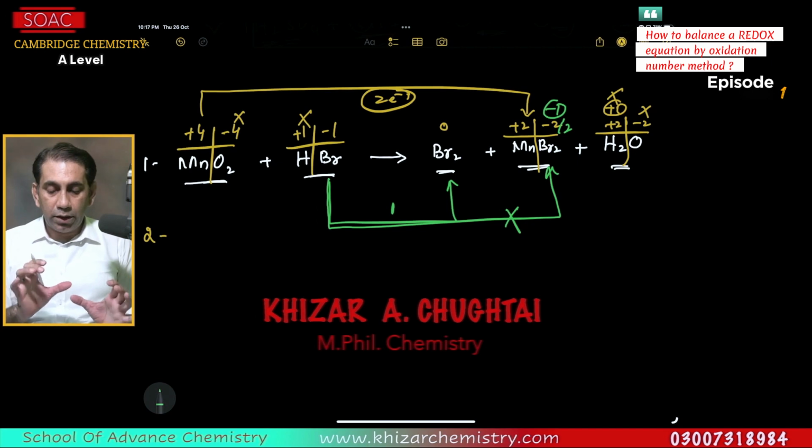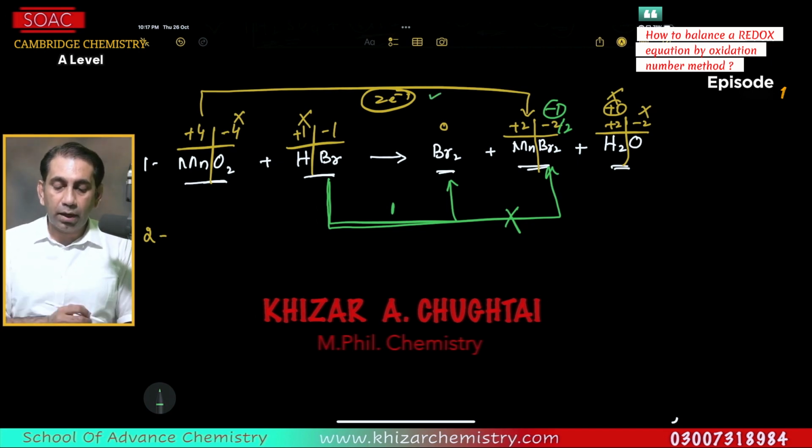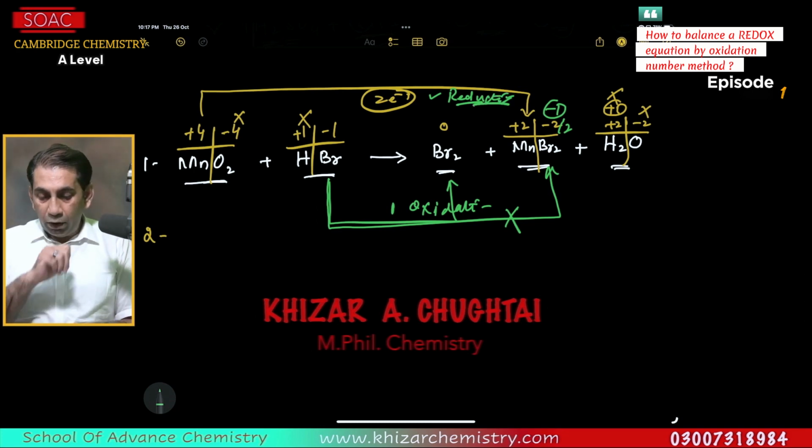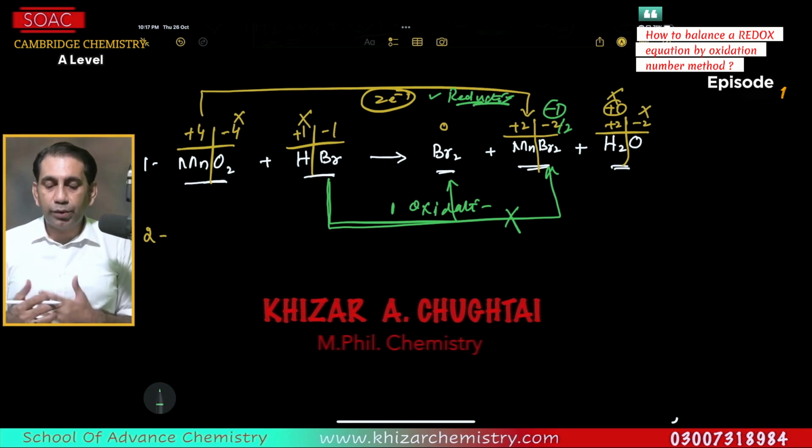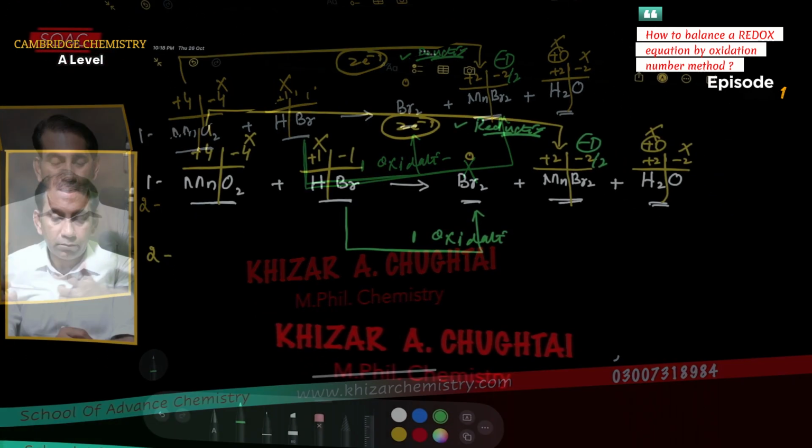So only 2 changes are over here. This is called reduction, and this is called oxidation. Now the last step is to reciprocate these numbers.